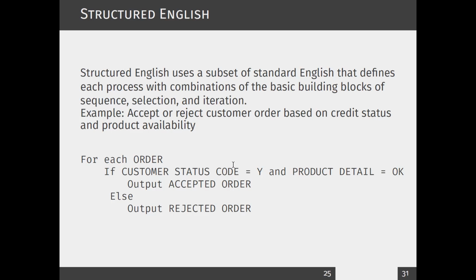The next one is product detail, whether the product is available. When you say product detail is okay, we assume that we have the product available. So if both conditions are met, we accept the order. Otherwise, which means else, we are going to reject it. As you can see, this is simply using English statements to describe a decision process. So this is the first process description tool.